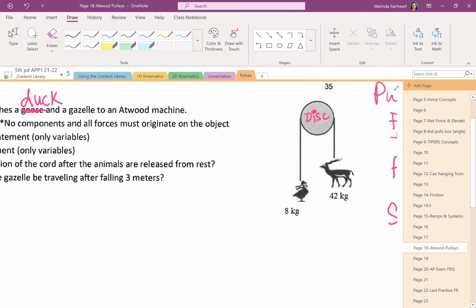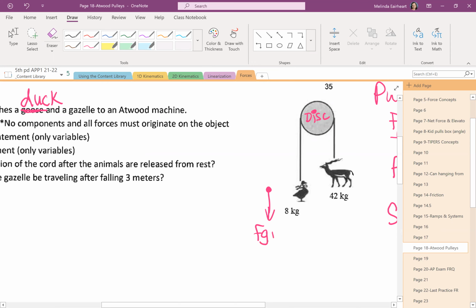Okay. So force diagram, two objects, two force diagrams. I'm going to draw it on the side of each animal. Notice the masses that are given, 8 and 42. Relatively speaking, the gravitational force on the duck, or object 1, is going to be rather small, right?